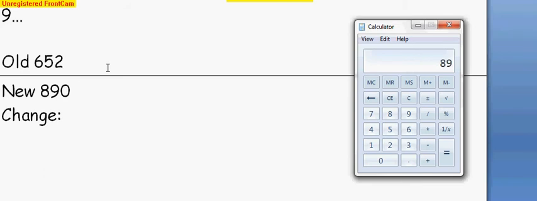Okay, so here you have to find the change. How much did it change from one to the other? To do this, you have to do 890 minus 652. So get your calculator, do 890 minus 652, and you get 238.